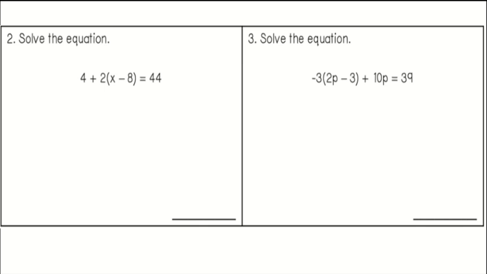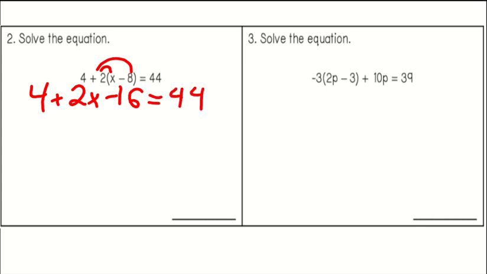Distribute. When I distribute, 2 is in front of the parentheses. It gets multiplied to the 2 parts inside the parentheses. So we still got the 4. Nothing happened to it. 2 times x is 2x. 2 times minus 8 is minus 16. And then equals 44.